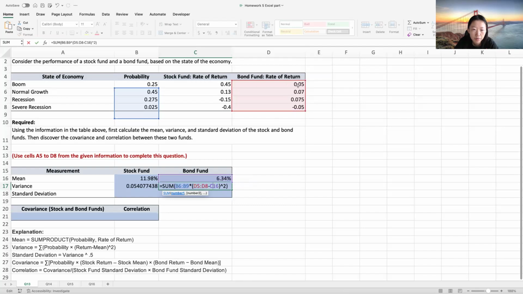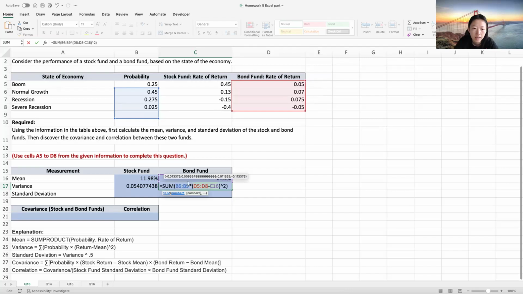So for the first row here, 0.05 minus 6.34 will be the deviation from mean for the first scenario, and 0.07 minus 6.34 will be the deviation from mean for the second scenario under normal growth, and so on. It will calculate the deviation from mean for each row. So there will be 4 numbers under this difference.